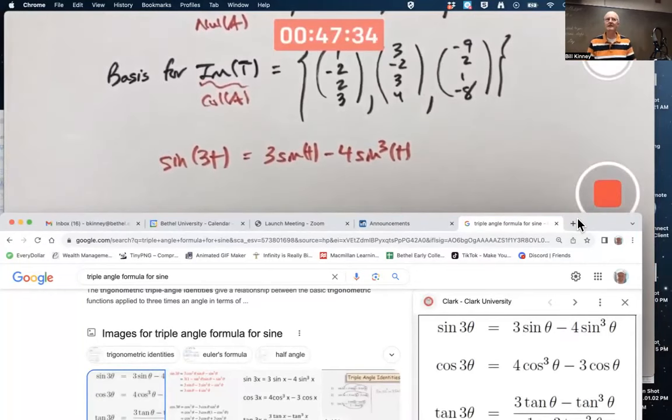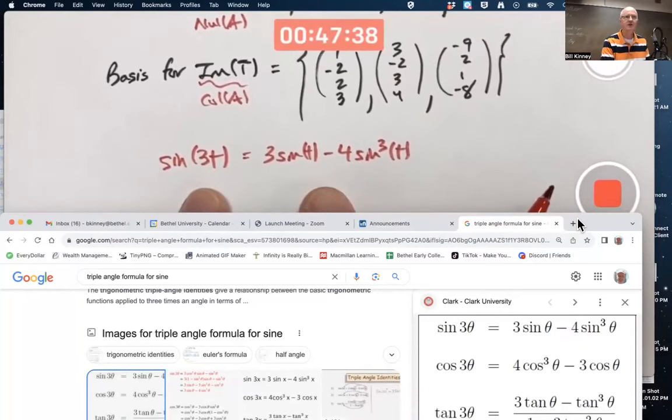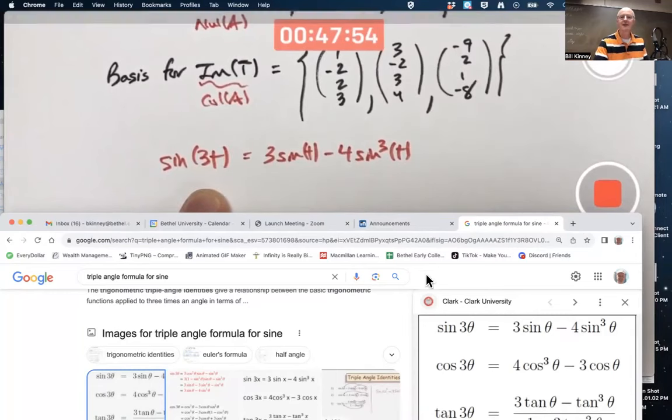It's true no matter what t is. These two functions are the exact same function. If you graph them both in your calculator, you get the exact same graph. That's not obviously true, right? If you look at that, it's like, I have no idea why that's true. Well, that's because trigonometry has lots of mysterious formulas in it. Lots of mysterious identities. But it is true if we're trusting whatever this came from, Clark University.